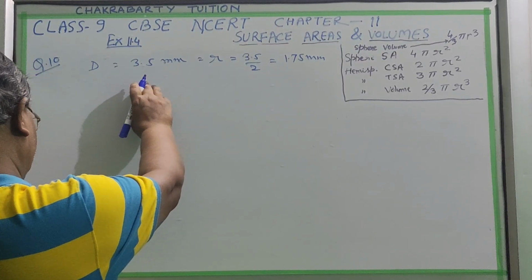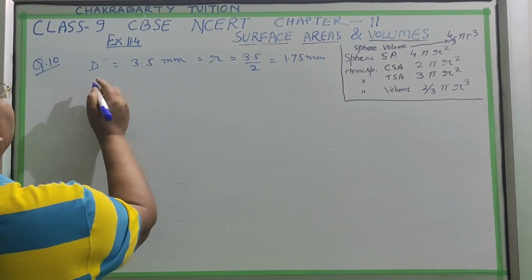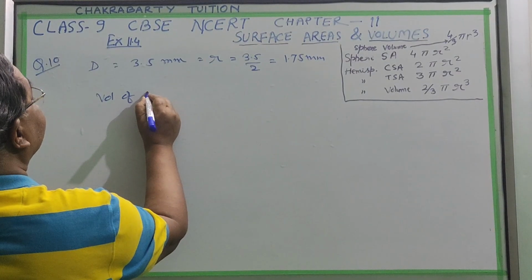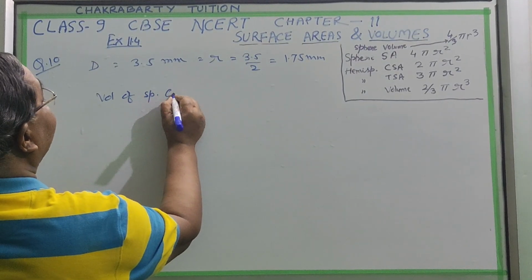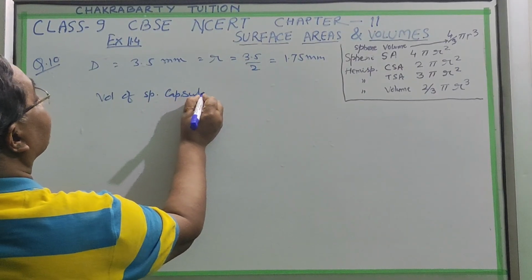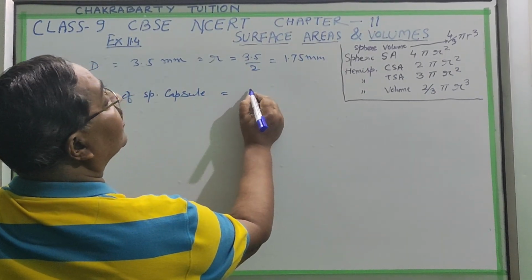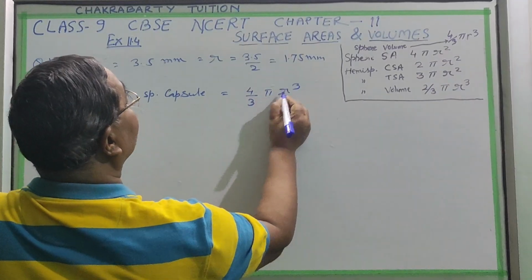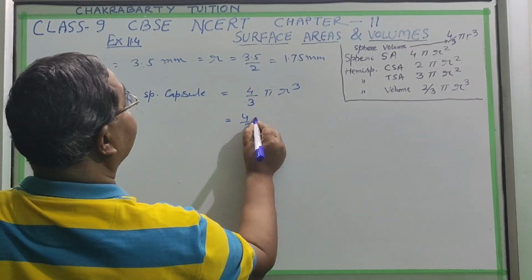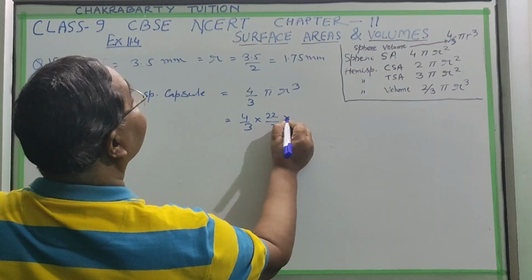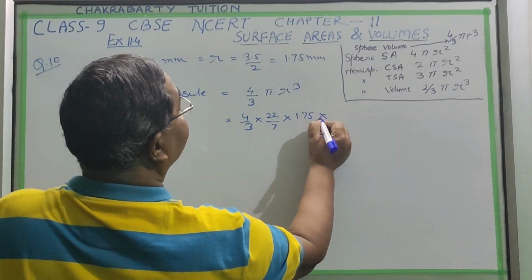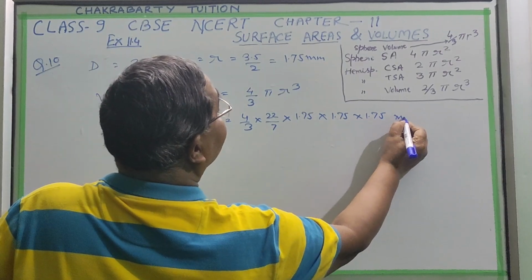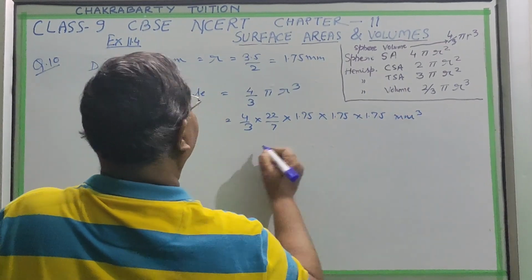It depends on the volume, and it is a sphere. So volume of the capsule is equal to 4 by 3 pi r cube, which is 4 by 3 into 22 by 7 into 1.75 into 1.75 into 1.75 mm cube.